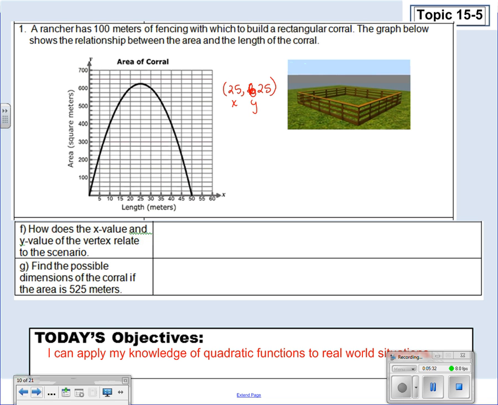And so when we are at our vertex, this shows the maximum area. Or let me rephrase that. This is the maximum length we can have for the maximum area. Let's do it that way. Maximum length to get the maximum area.